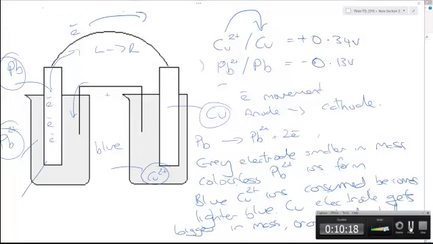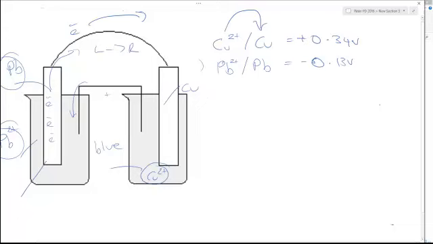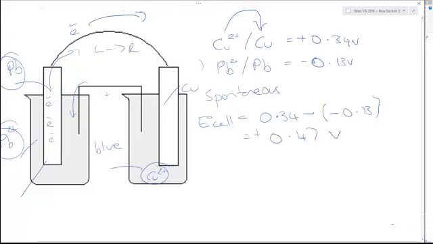Now, in terms of it being spontaneous, you should be able to do the calculation. E0 cell is reduction minus oxidation. So it's going to be 0.34 minus 0.13, and that equals 0.47 volts. Now you must put the unit or else you'll get marked down, so make sure you do that.